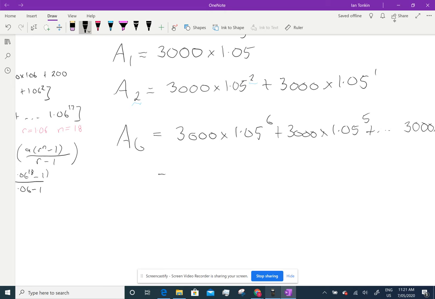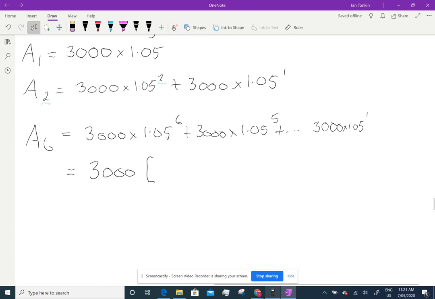So I'll factorise out the 3,000. I'm going to turn this around. Now be careful when I turn this around. Before I got 1 at the end, but here I'm just going to get 1.05. 1.05 to the 1 plus 1.05 to the 2 plus dot dot dot 1.05 to the 6.